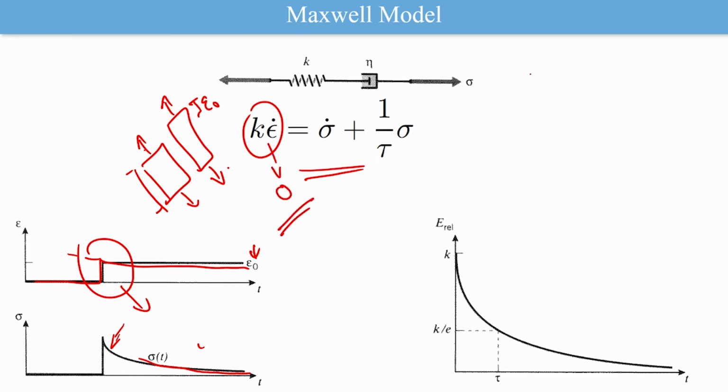So whatever is left will be sigma dot is equal to minus sigma by tau, or this can also be written as d sigma by dt is equal to minus 1 by tau sigma, correct.